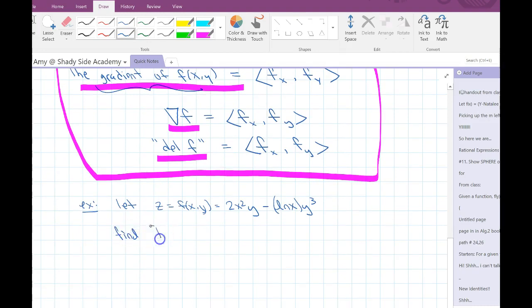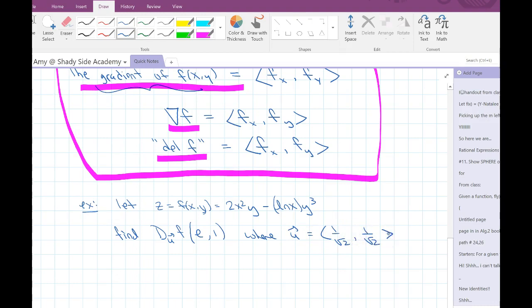Okay, this is just mechanical. I want to find the directional derivative of f at the point e comma 1, where let's say u is equal to 1 over radical 2 comma 1 over radical 2.